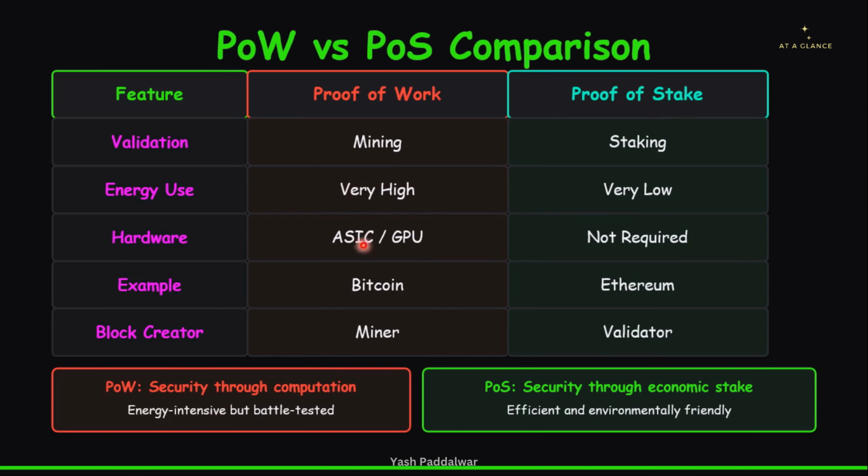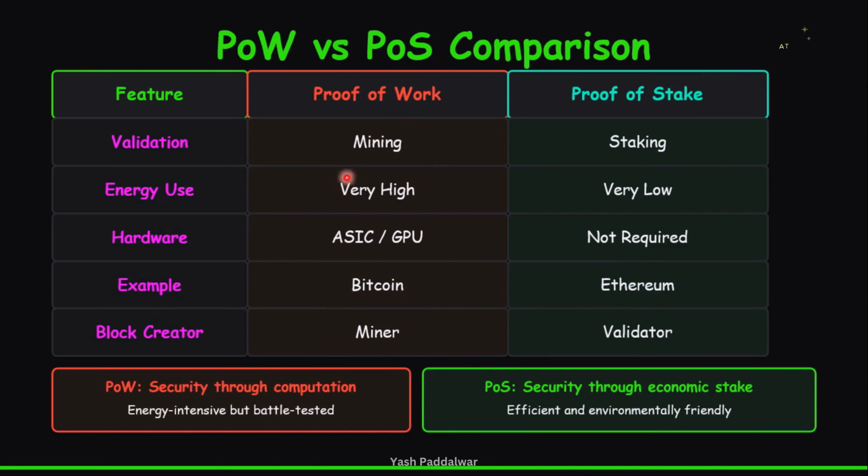Talking about hardware, POW uses ASIC or GPU machines, and proof of stake doesn't require any hardware. As an example, the Bitcoin cryptocurrency uses proof of work. For proof of stake, the Ethereum cryptocurrency uses it.